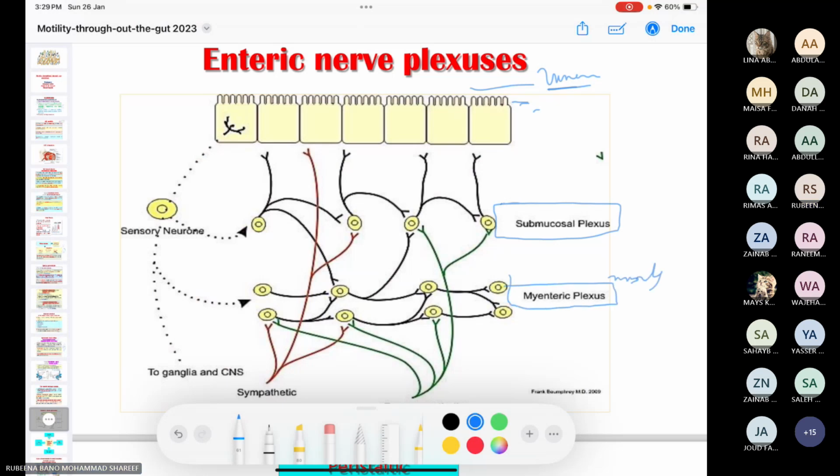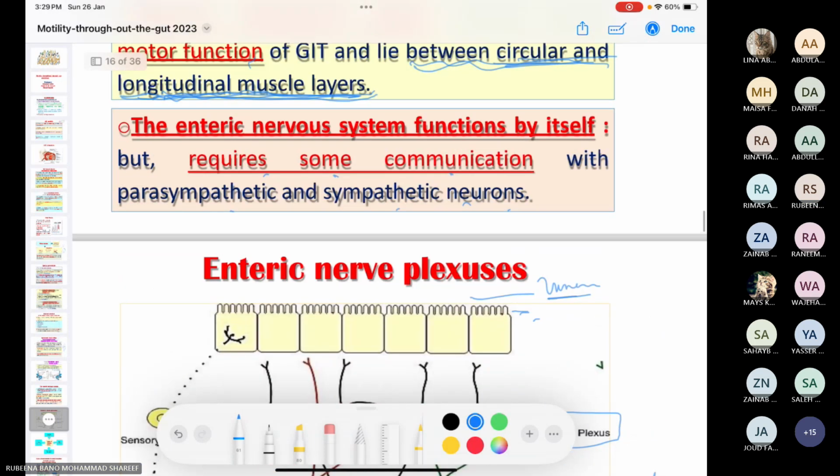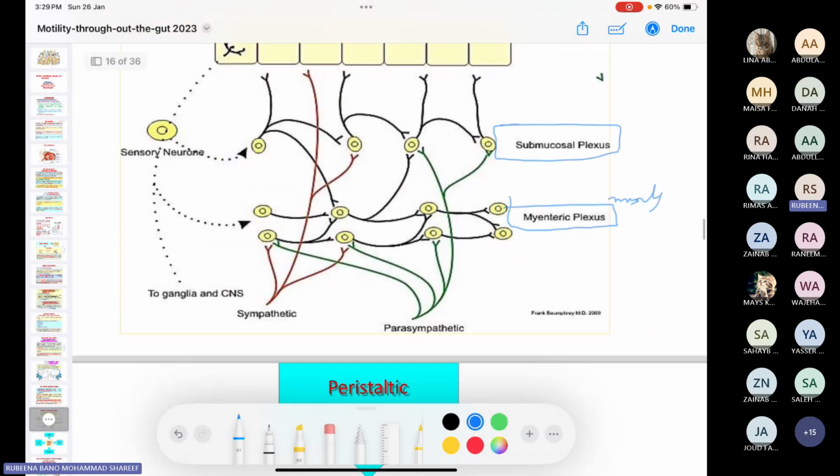As I said, the myenteric and submucosal plexus can function by itself, but they require some communication with the autonomic nervous system. As you can see, the sympathetic and parasympathetic nervous system end on these plexuses.